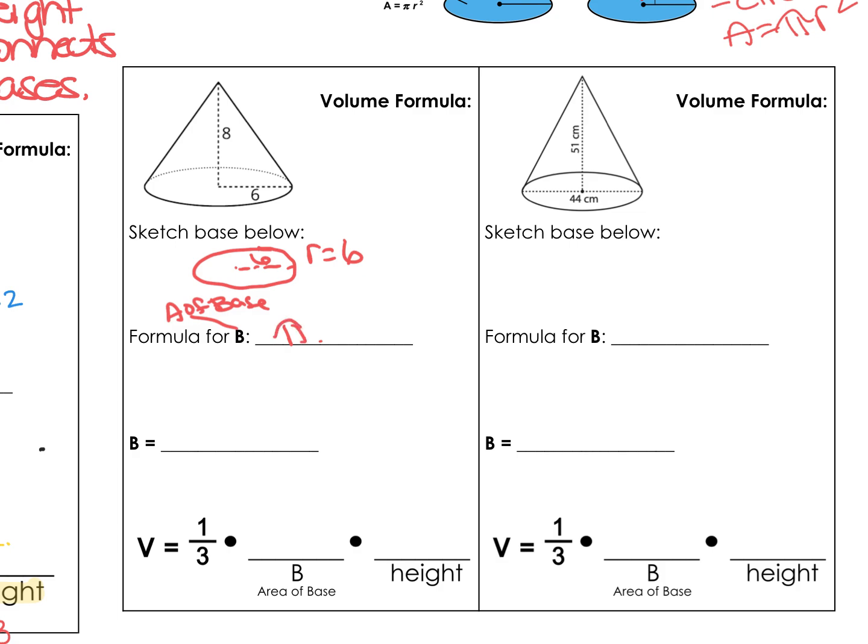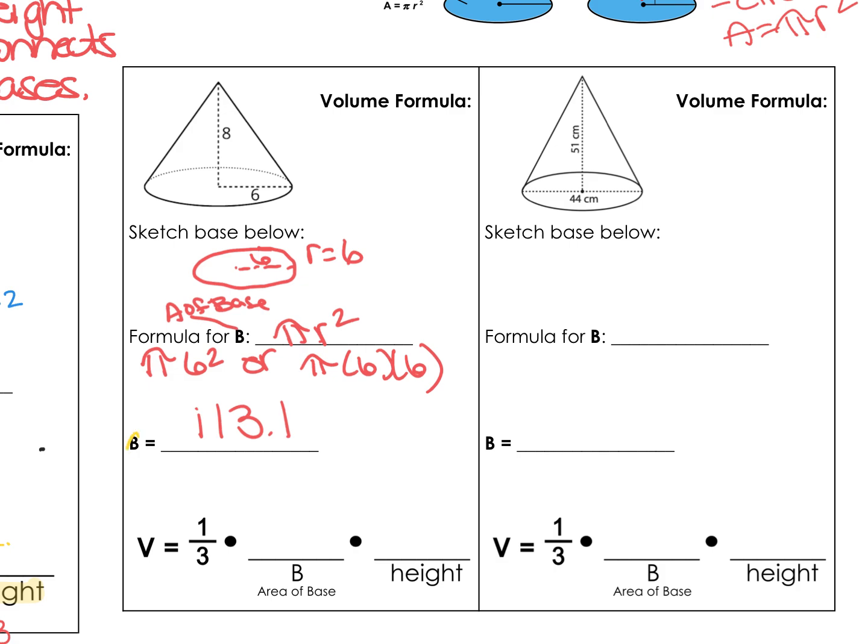That's going to be that pi r squared, because that's how we find area of a circle. And we can write that out as pi 6 squared, or pi, we know it's 6 times 6. And now let's plug this into Desmos. I'm going to plug this into Desmos, and I have 113.1. Okay. So here I just found big B.